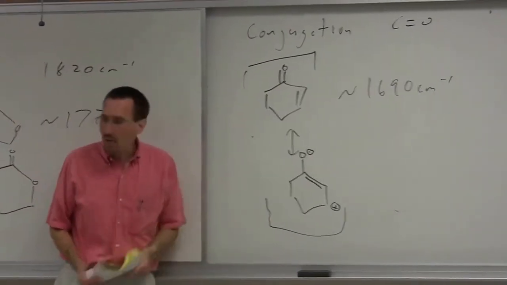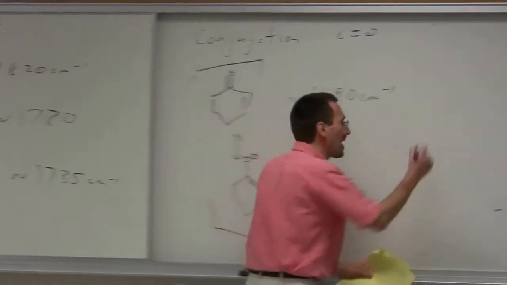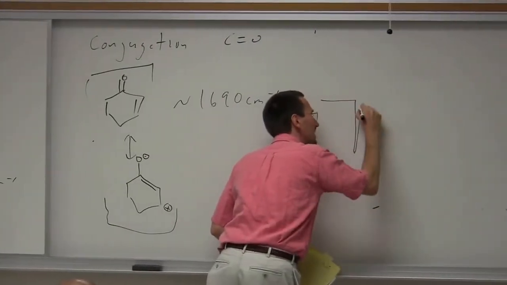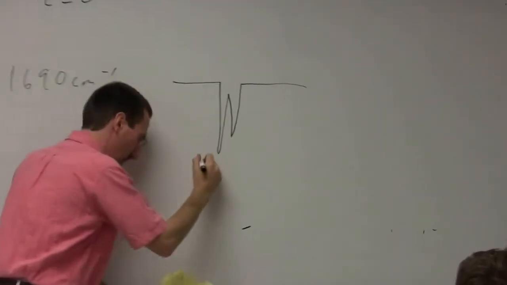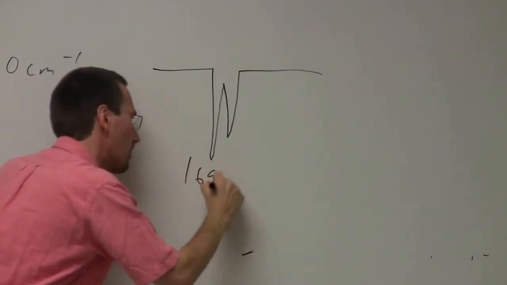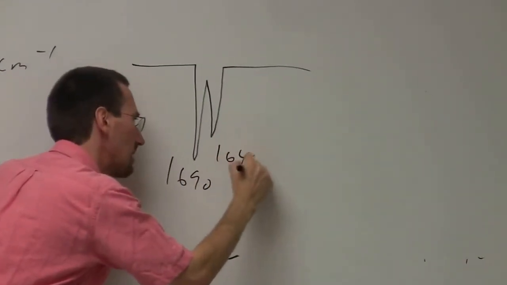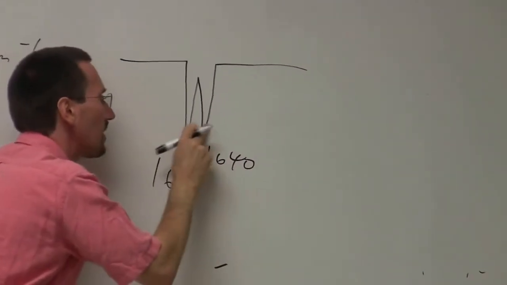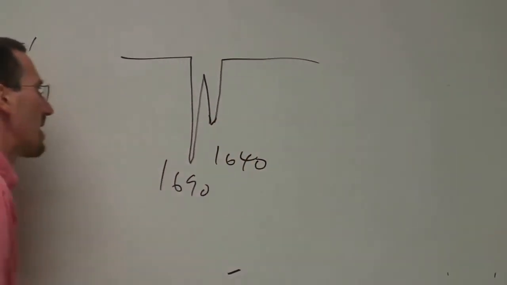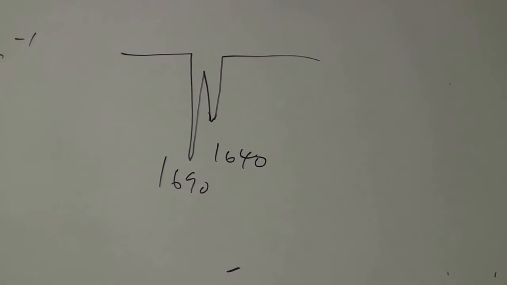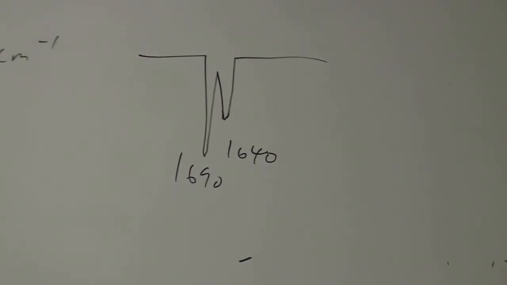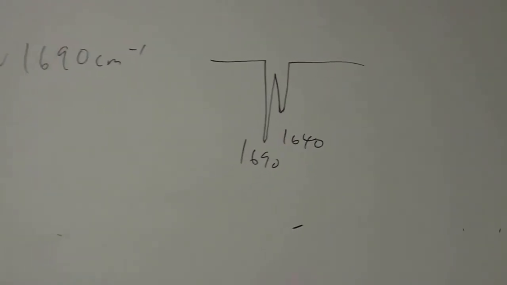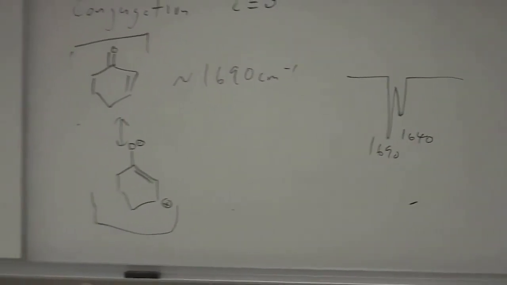All right, so just so I can play with your minds, then why is it, if you look at certain compounds like this, we'll see, let's say, a band at 1690 and a band at 1640 for an alpha beta unsaturated like this.